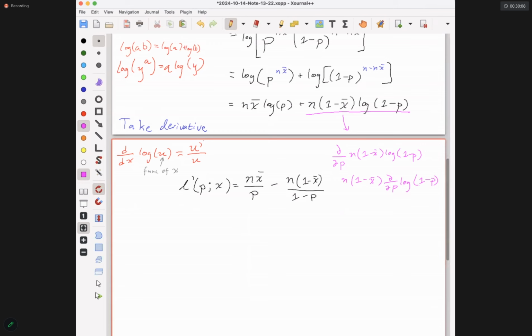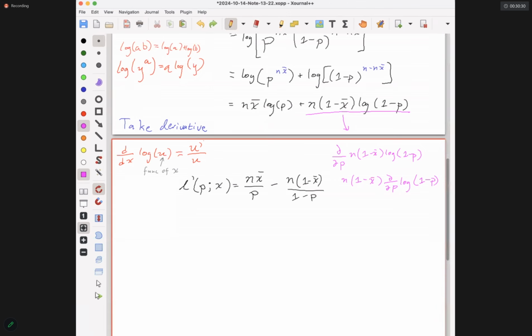And then this right here, we need to take the derivative of that with respect to p for the chain rule, because we need that u prime. And then we take the derivative of log of 1 minus p with respect to 1 minus p.